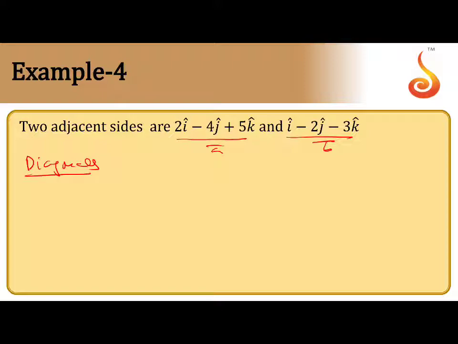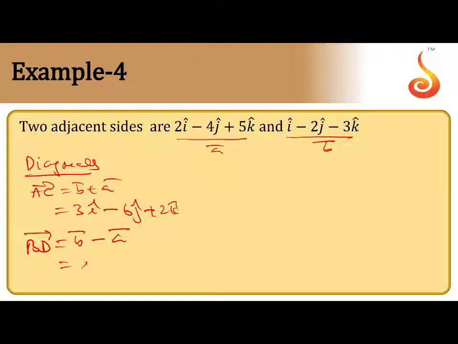The diagonals are AC bar equal to b bar plus a bar. Adding both, what comes here? Directly add: 3i minus 6j plus 2k, that is AC. Now BD will be b bar minus a bar.